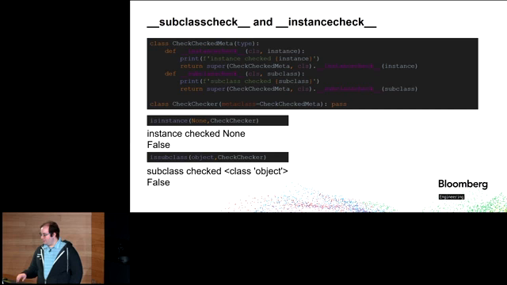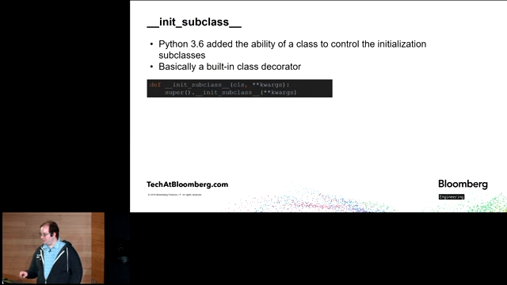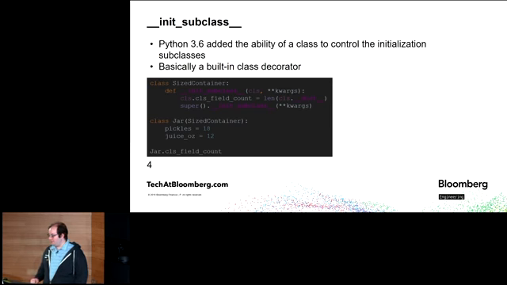The last one we're going to use is a Python 3.6 feature. In its subclass, added the ability of a class to control the initialization of subclasses. It's basically a built-in class decorator. The signature is like this, and usage of this is something like this. Let's say I want to say all subclasses of my class have one extra attribute, field count, that says how many attributes there are in the class dict.